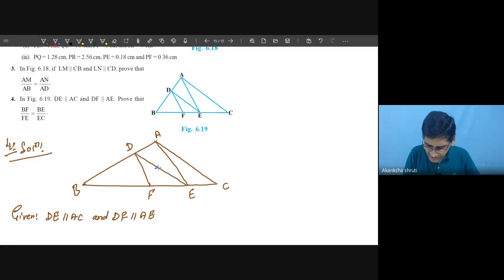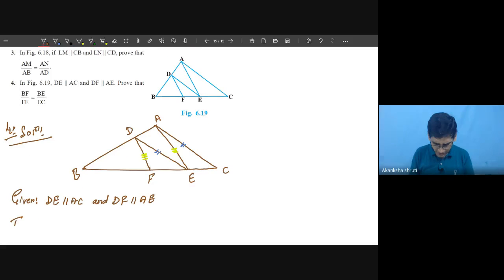DE, it is this one. It is parallel to AC. Just by putting this mark, you can understand which triangle I shall consider. The next one is our DF. If I'm going to consider this DF, I shall take AE, means I shall take the triangle BAE. So this way just marking on the figure also assists you.